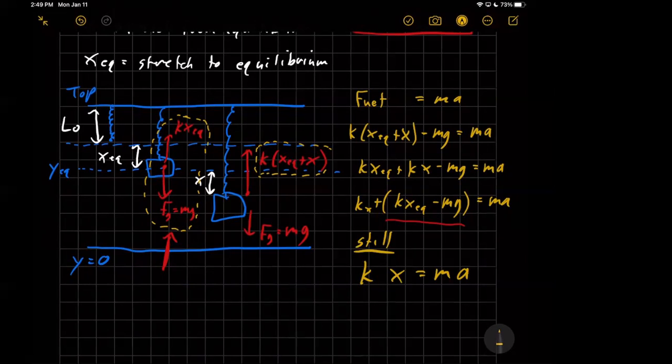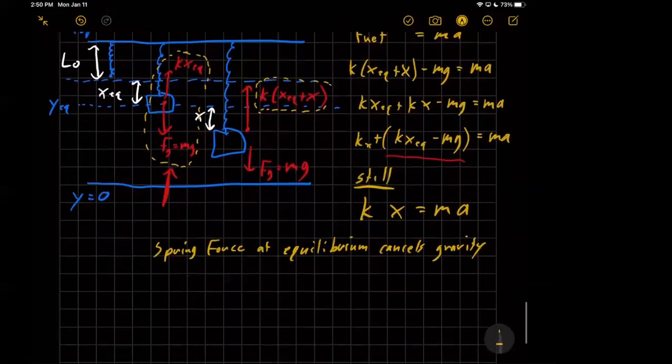So notice that mg, gravity, is now missing. The spring force at equilibrium cancels gravity. So we can analyze the system without considering gravity at all if we simply measure the displacement from equilibrium.